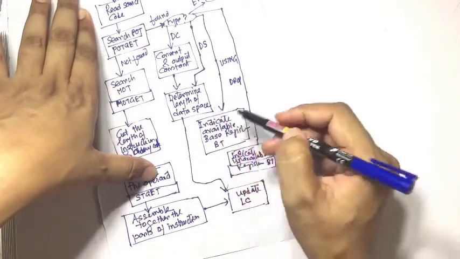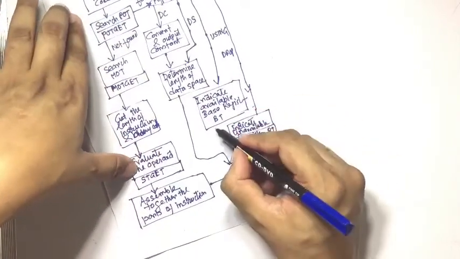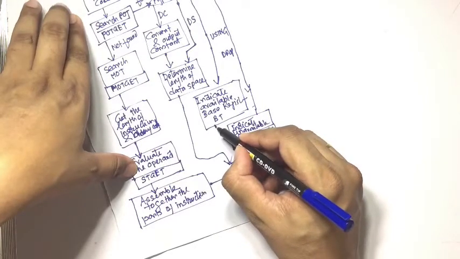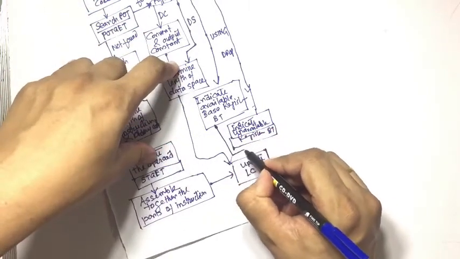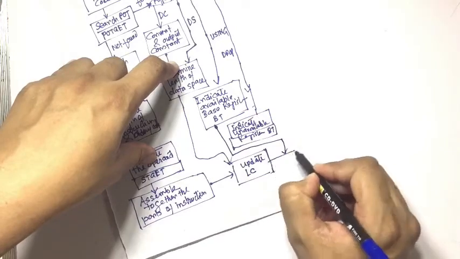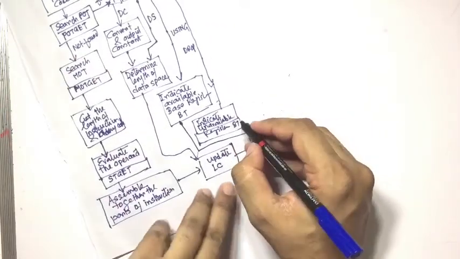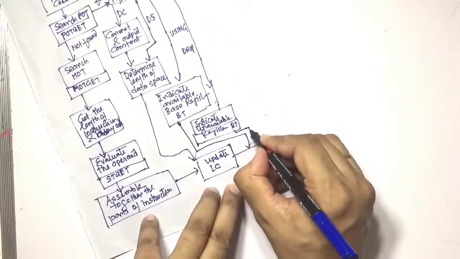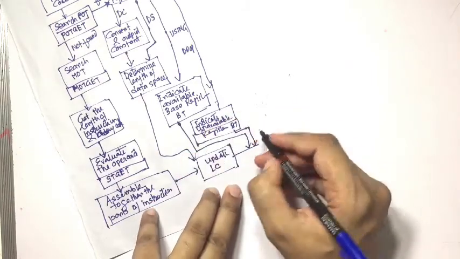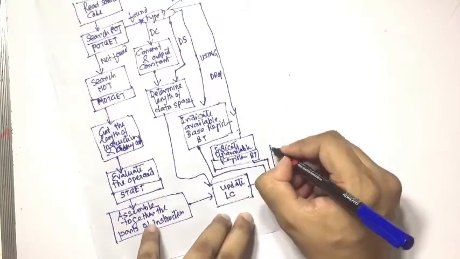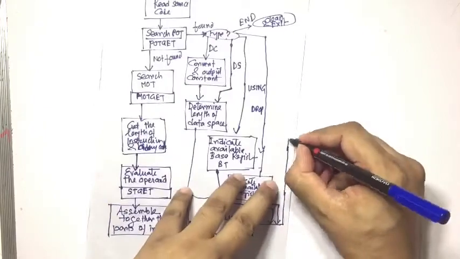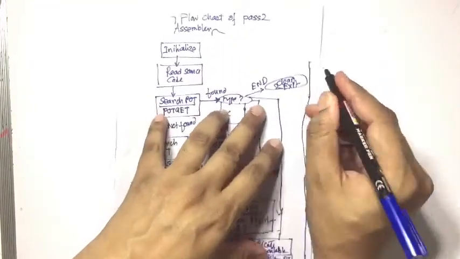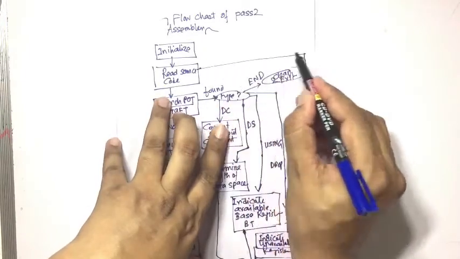If there is any available base register, then it goes to the next part of the LC. If there is any unavailable register, then it goes to the next part of the LC. Next part means after the LC, and after the LC it goes to read source code again.